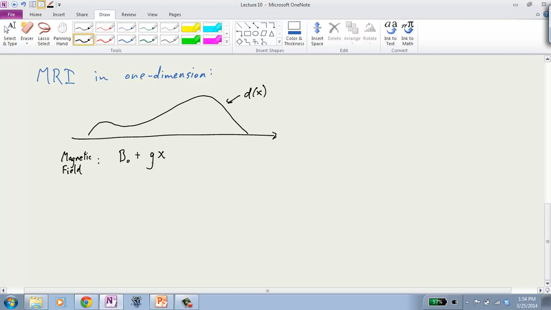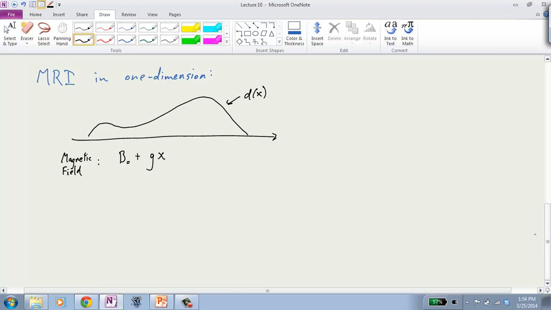Okay. Now what we're going to hear back, S of t, will be the combination of all of the singing from all the different parts of the choir, right? So we have an integral of this density, and each piece of material is giving me back a signal that's e to the i 2 pi, and it's gamma times the magnetic field, right?